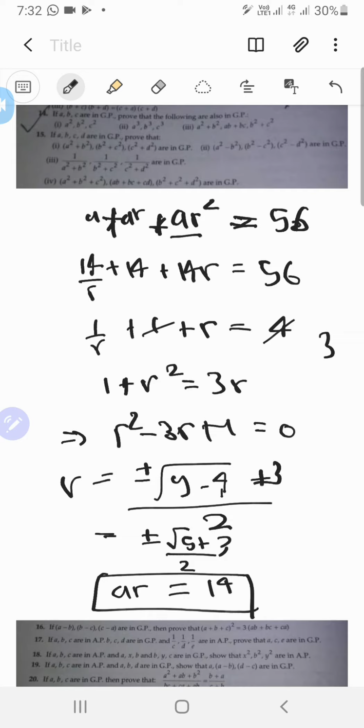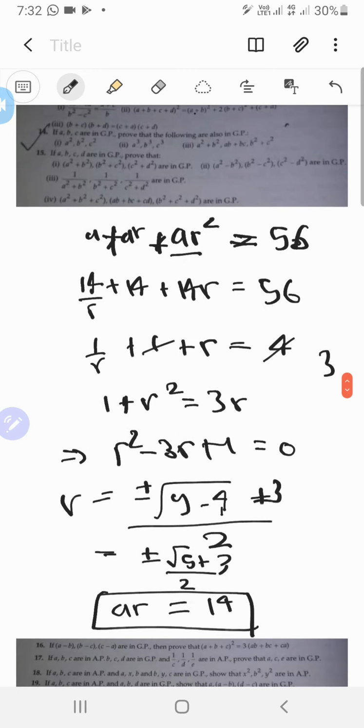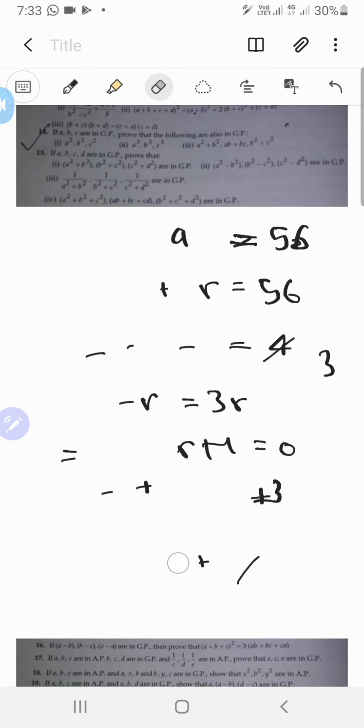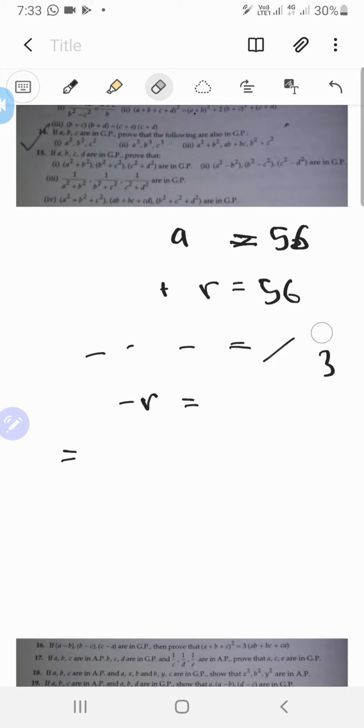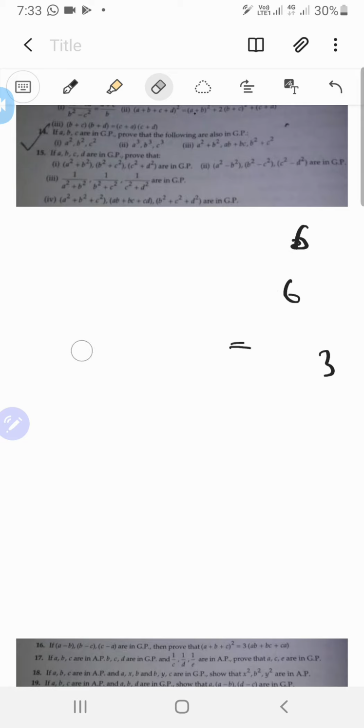So I think we are going correct, maybe. Yeah, I think this is correct. So we can find those three numbers using this as the common ratio, but I won't do that because that will be tedious. I might have made some mistake in solving, but that's the whole process.